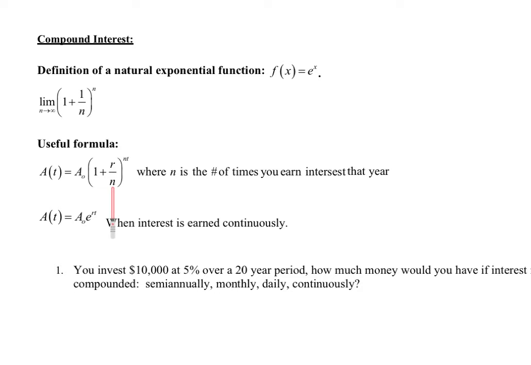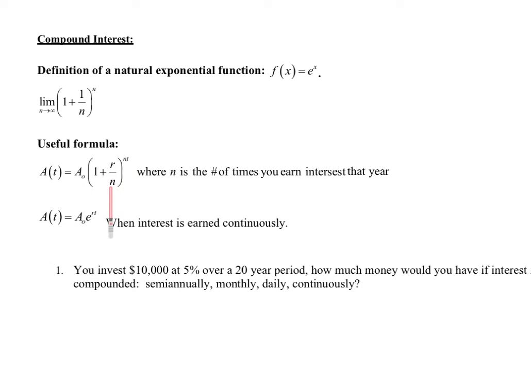If you think about it, in a compound interest problem, whether or not it's compounded a finite number of times per year or continuously, you are constantly making money off of the interest that you're earning that year as well as your principal investment.